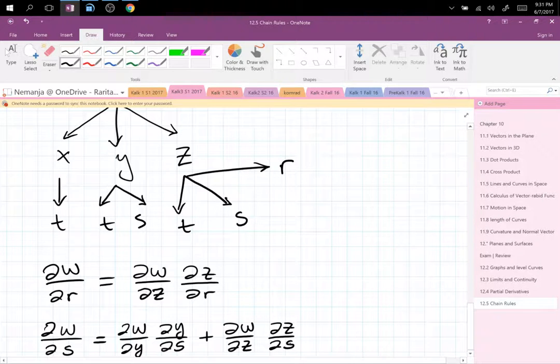Beautiful. There you go. That's what it is. And obviously, if I'm to ask partial W, partial T, it will have all three branches, right? Because T shows up in all three.